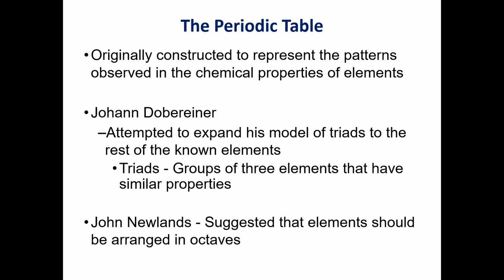Well, if you go through and count up on the columns of the periodic table, none of them are octaves. And none of them are triads either. And in fact, different columns actually have different numbers of elements. So grouping them by a certain number of elements doesn't really work for either of these models.